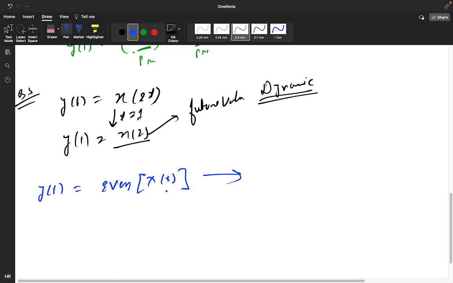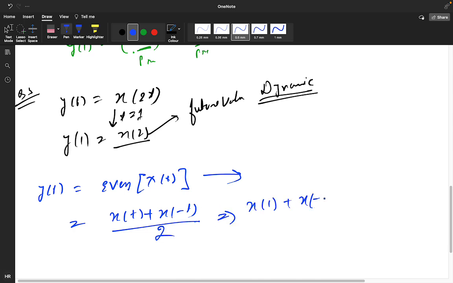The even function of x of t can be represented as, we discussed in our previous lecture, (x of t plus x of minus t) divided by 2. If you put in the value 1, x of 1 plus x of minus 1 comes by 2. So this is the past value and this is the present value. So what will this be? Dynamic.